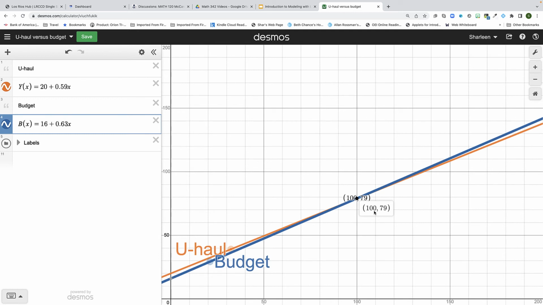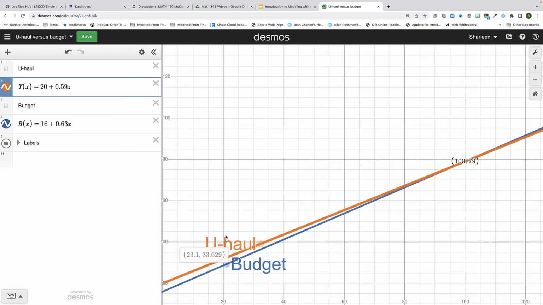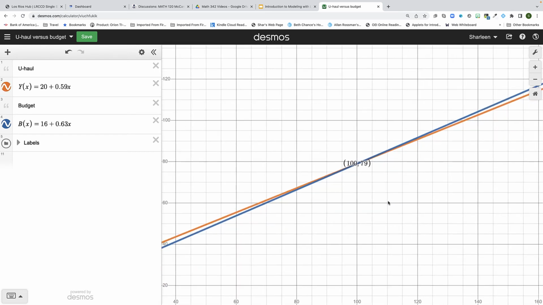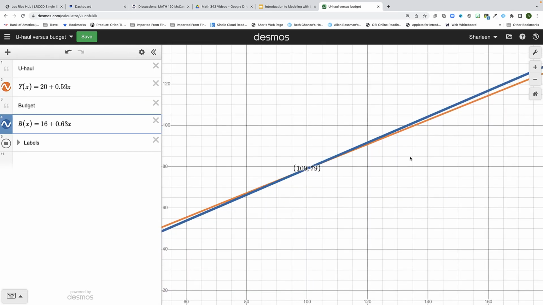But remember, the question was, which is the better option? And so we can see that at the beginning, the U-Haul function is above the budget function. This means that the U-Haul truck will cost more than renting from Budget. After they intersect, the truck from the Budget rental company costs more than the U-Haul company.